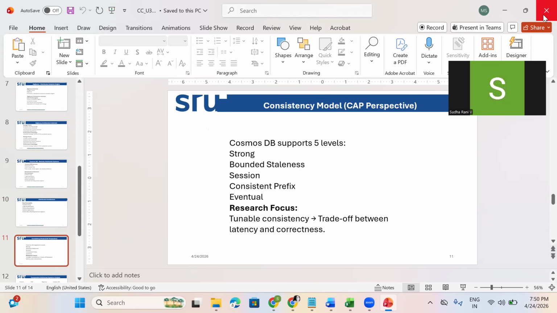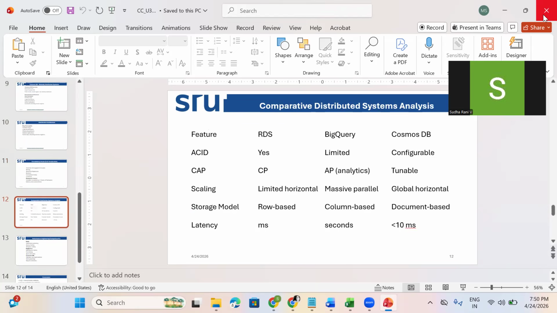Consistency model, from the CAP perspective: CosmosDB supports five levels, that is strong, bounded staleness, session, consistent prefix, and eventual. Research focus: tunable consistency, trade-off between latency and correctness.